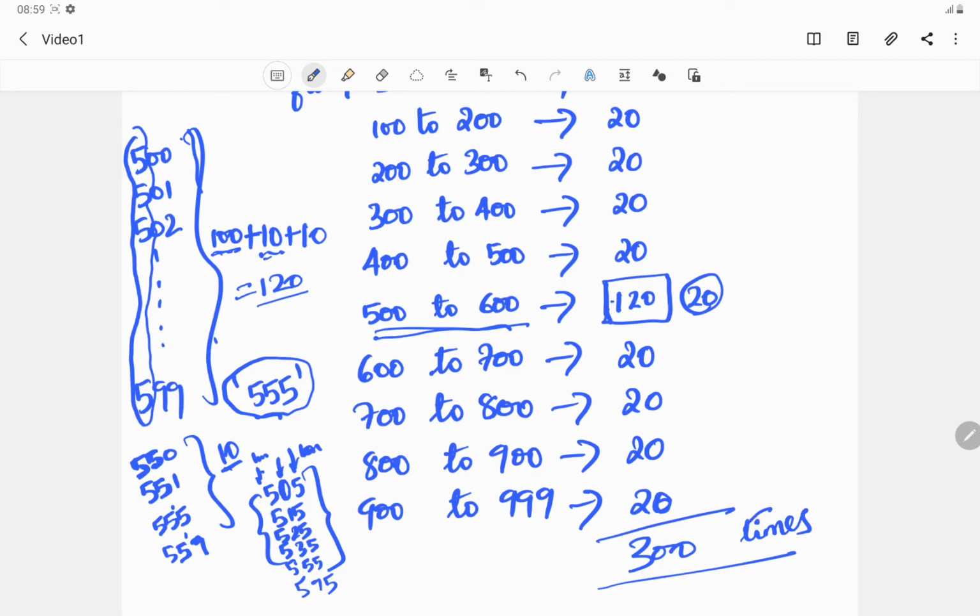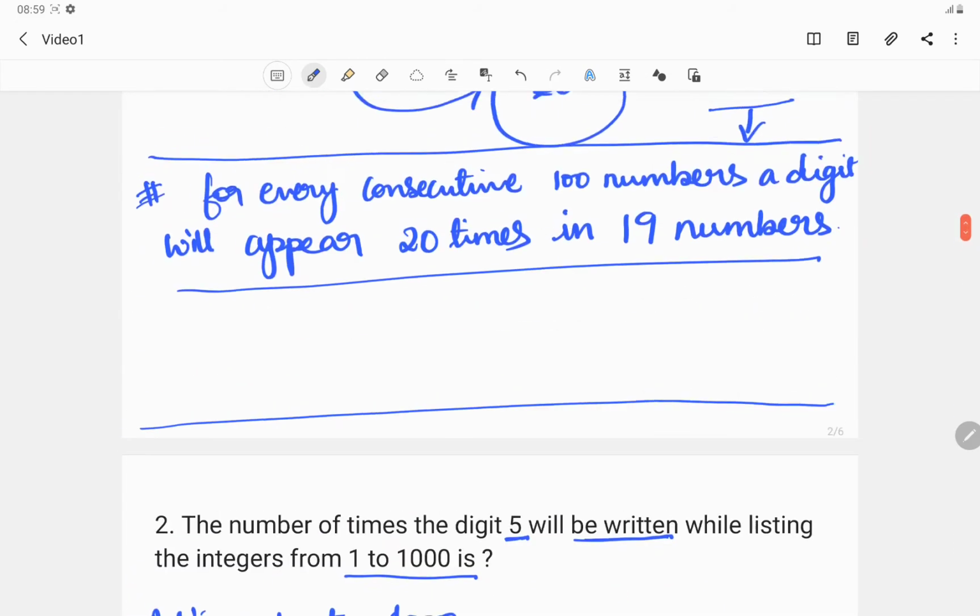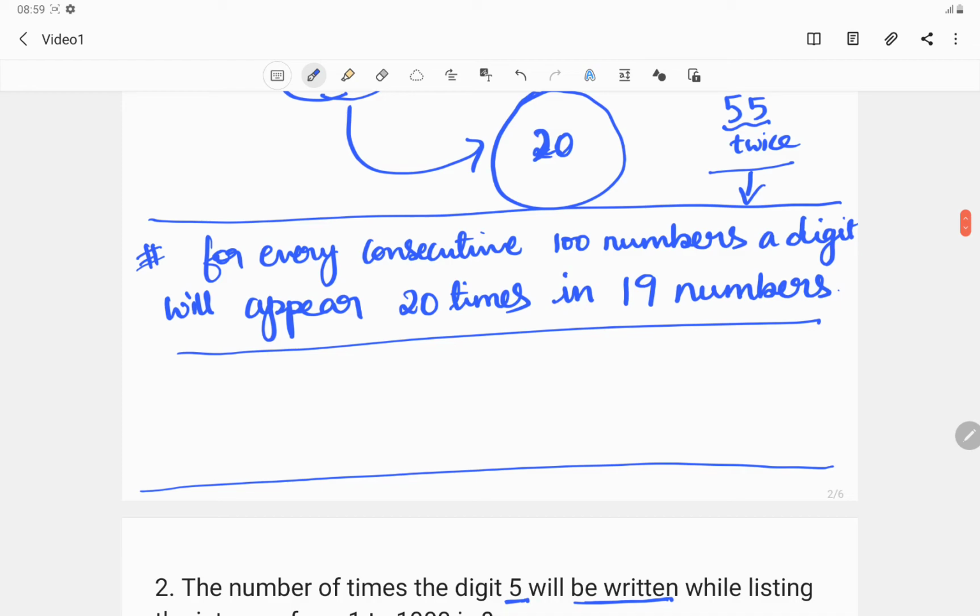This is the shortest way to do it. Now the only exemption to this earlier rule which I have stated is that for every consecutive natural numbers, if the digit of those consecutive natural numbers, say from 500 to 600, is starting with the digit which we are looking for in the question, then it will appear 120 times instead of 20 times.